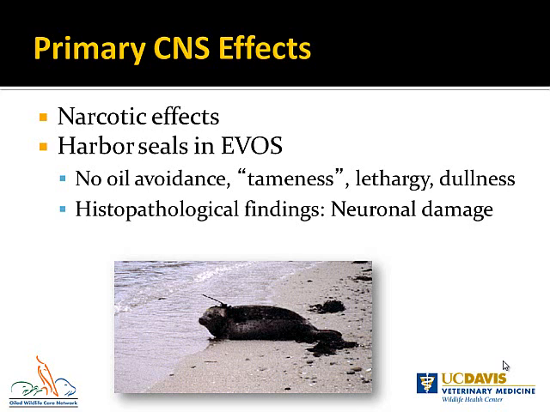It was that they had central nervous system effects as a byproduct of these petroleum products that they were exposed to. And the histopathological findings, so basically taking tissue samples, we were able to verify that they actually had damage to the neurons.